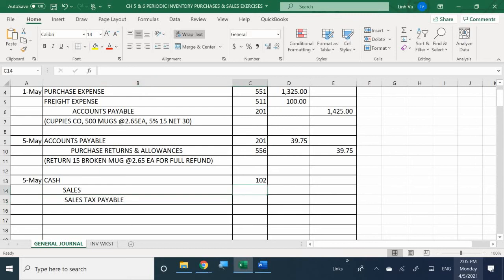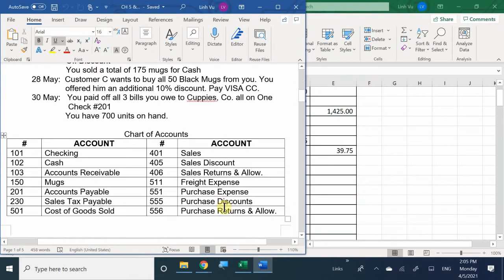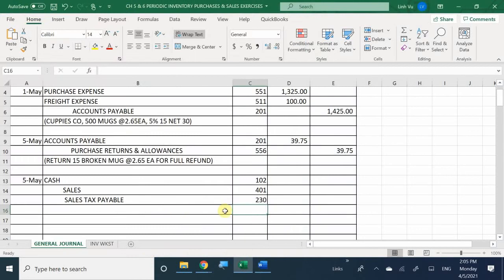This was 401 and I believe my sales tax was 230. Yeah, sales tax is 230. So there I am.